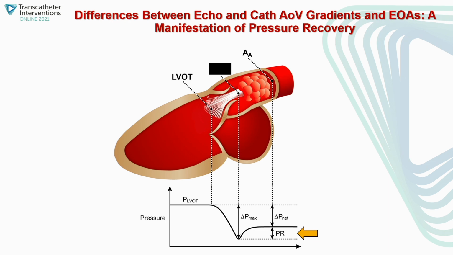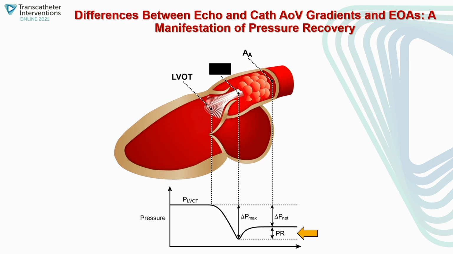So the other source of discordance is the pressure recovery. Besides the Bernoulli formula, where we have several assumptions that may not be met, we also do not necessarily take into account the pressure recovery. So what is pressure recovery? Well, when the blood flow contracts to pass through a stenotic valve or through a prosthetic valve, there is an acceleration of the flow and a pressure loss.